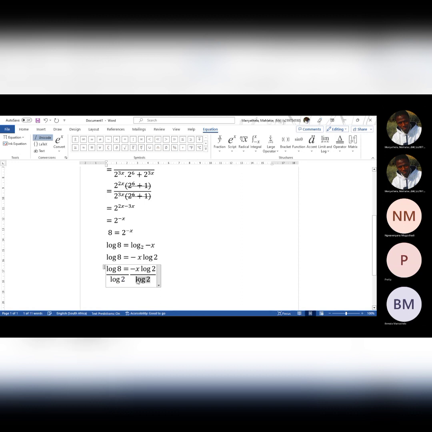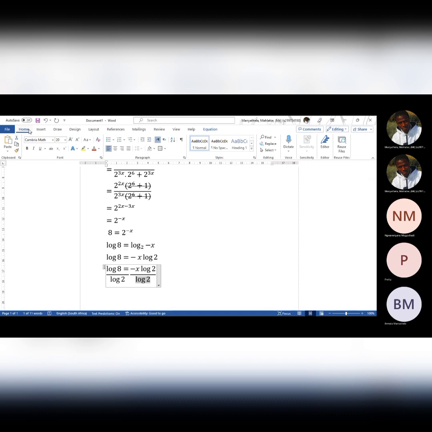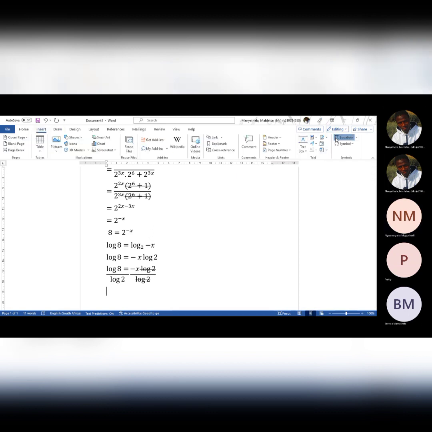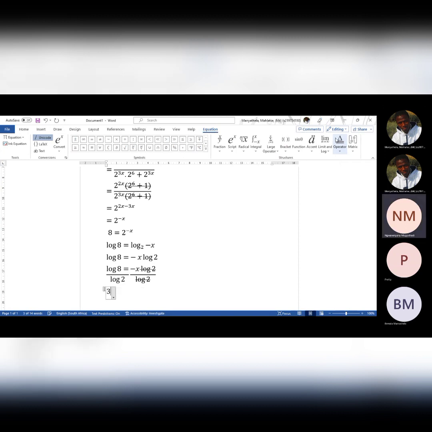So log 2 on this side will cancel log 2. And someone can check with my calculator, log 8 over log 2 gives what? It's 3 again. So 3 is equal to negative x.